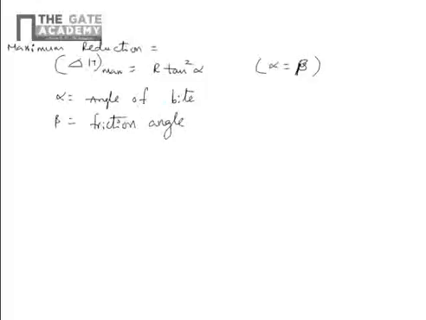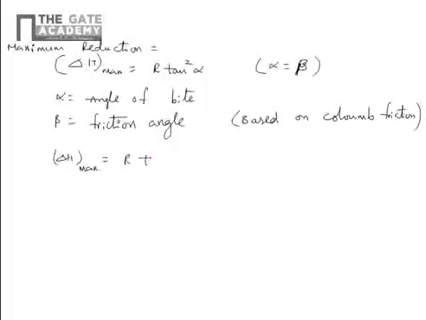So whenever the angle of bite is equal to the angle of friction, which is based on the Coulomb law of friction, the Coulomb friction condition, delta H equals, substituting alpha equal to beta, tan square beta.